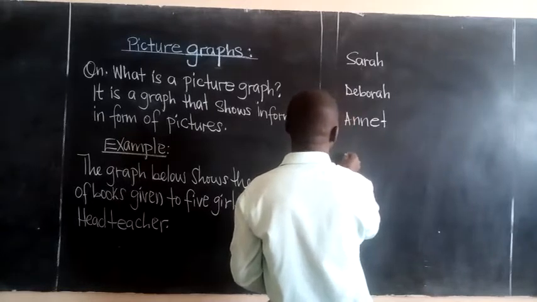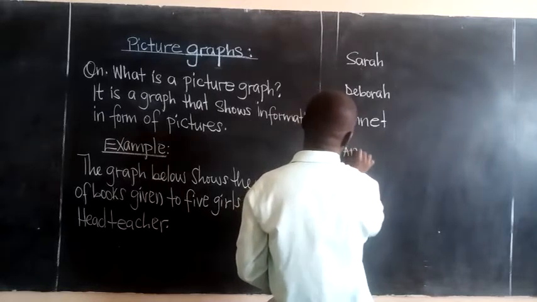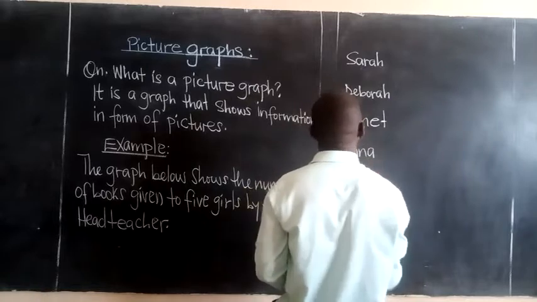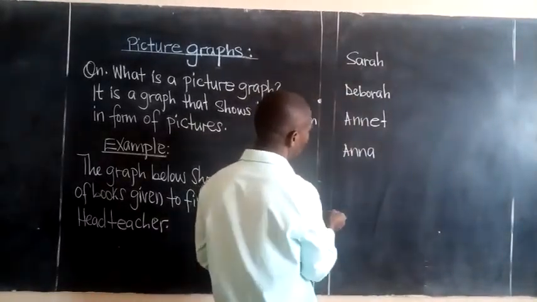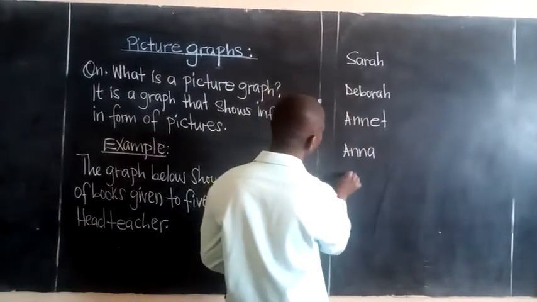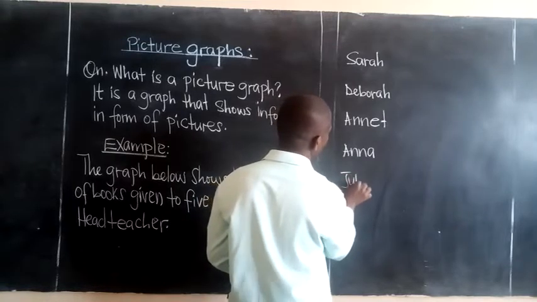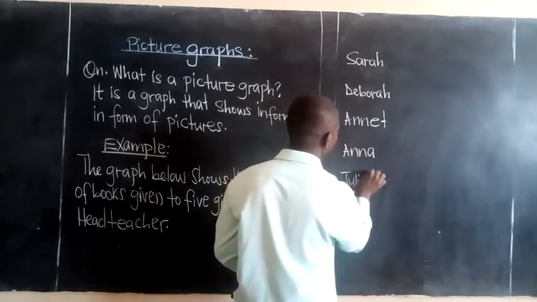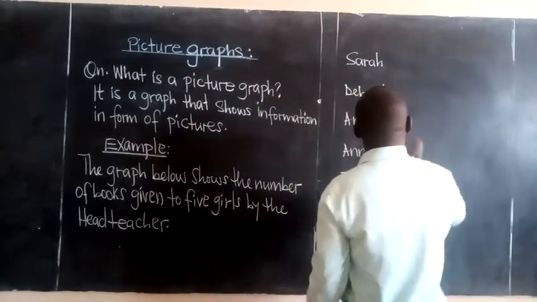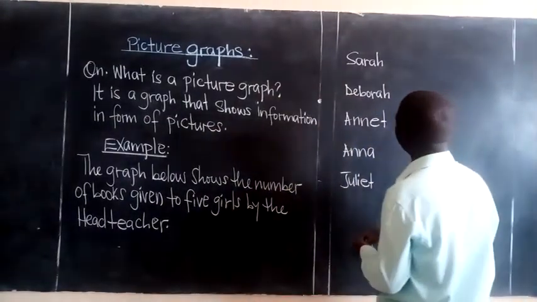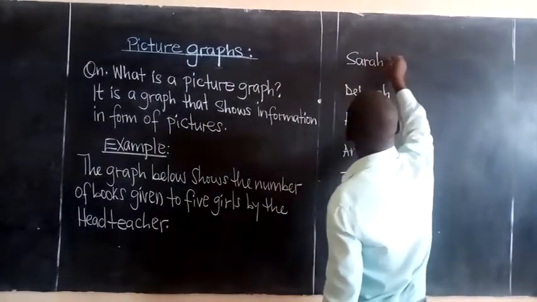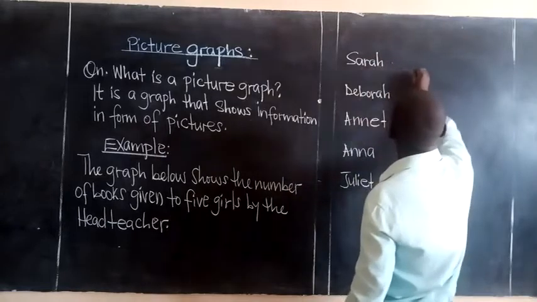We have Anna. And lastly, we have Juliet. So these are the names of children. Then these are the books.